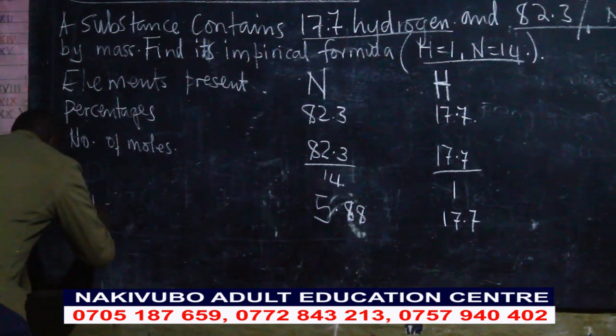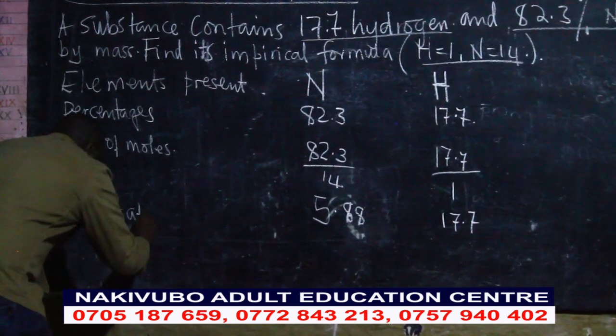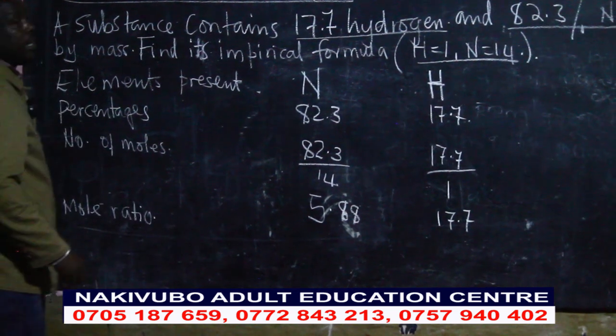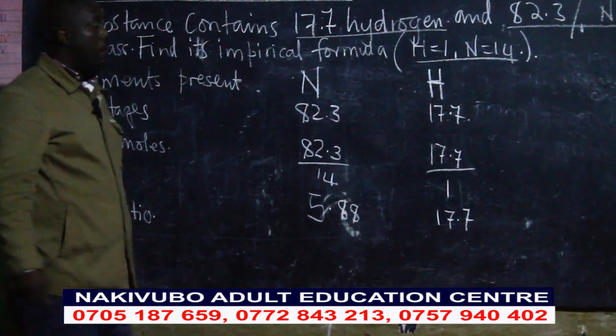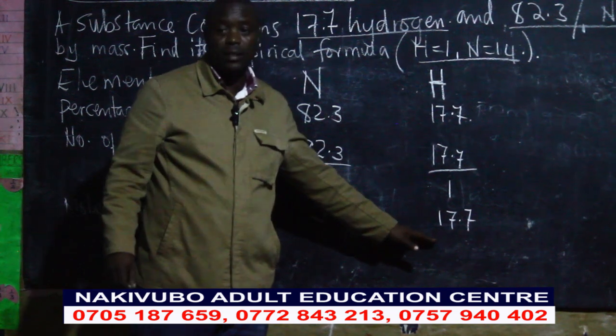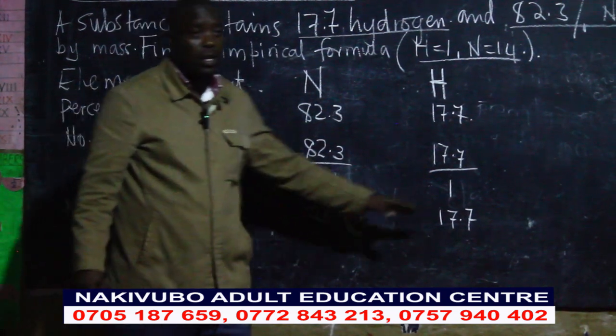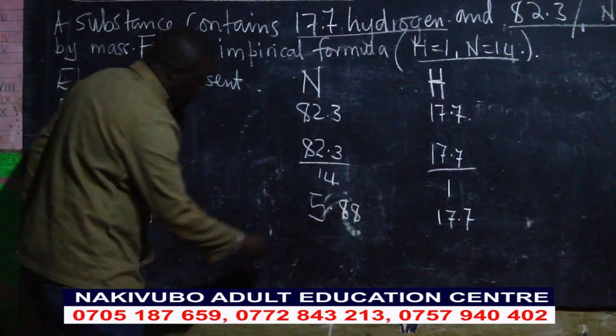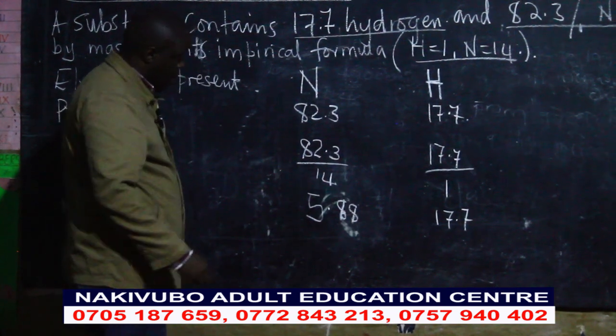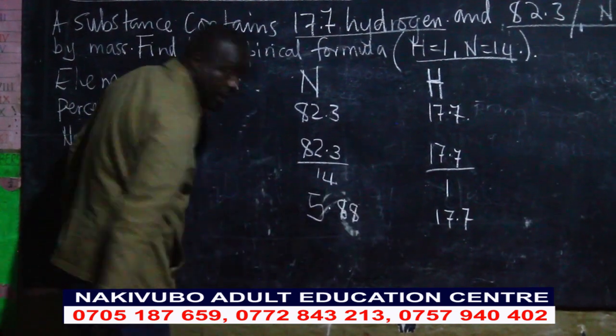Mole ratio is obtained by dividing through by the smallest. So what is the smallest here? 5.88 is smaller than 17.